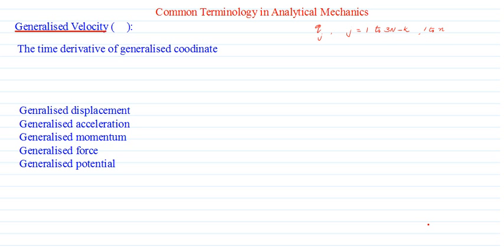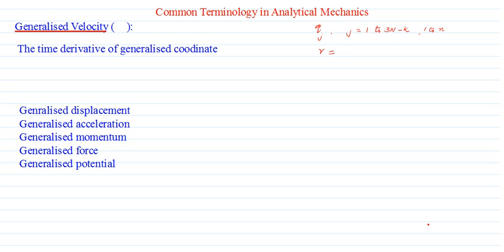Okay, so what you can write is like this: by introducing generalized coordinates, any of the old coordinates can be rewritten in terms of the newly introduced coordinates.